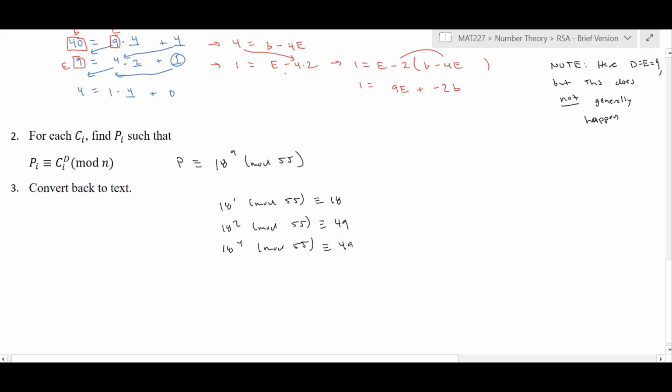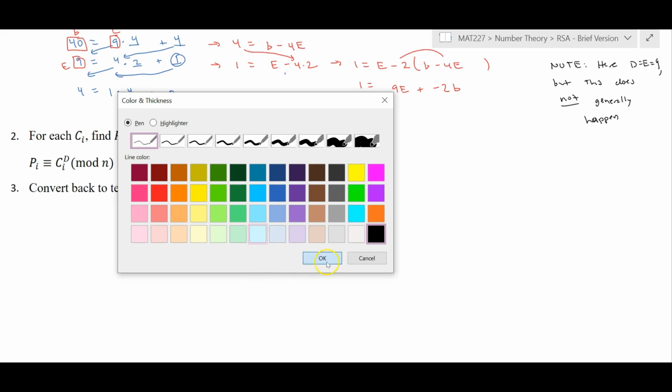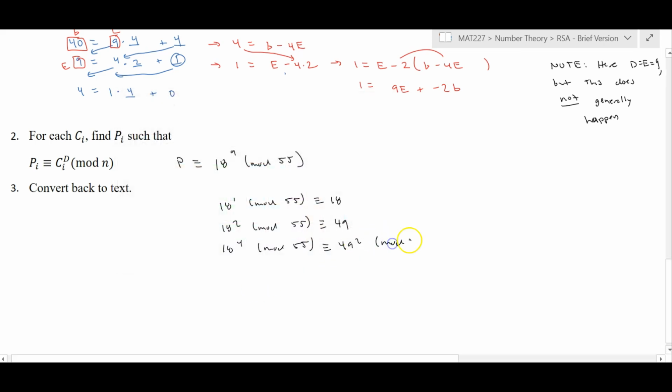So I have to do 49 squared mod 55. And 49 squared is 2401 divided by 55 is 43. And then 2401 minus 43 times 55 gives us a remainder of 36.